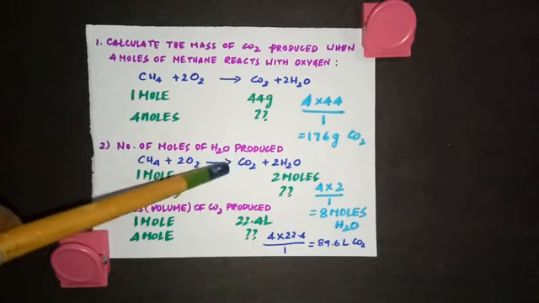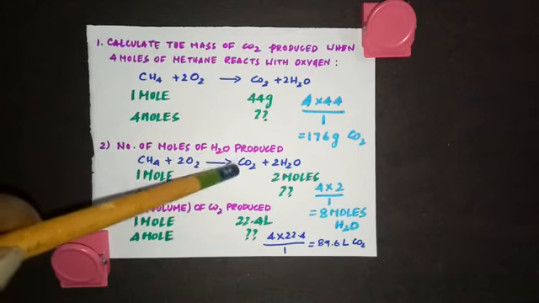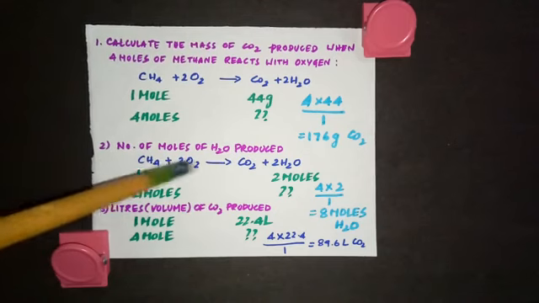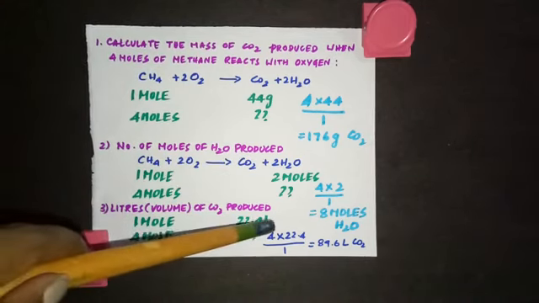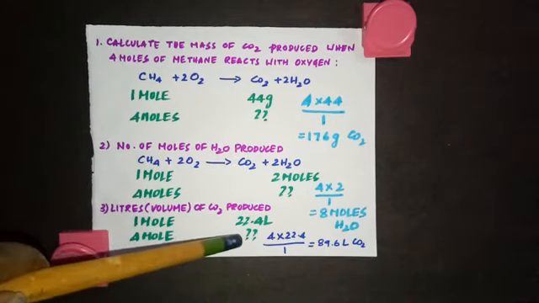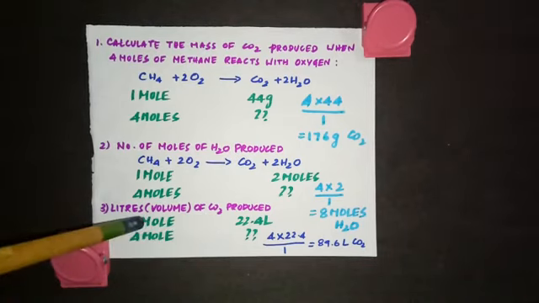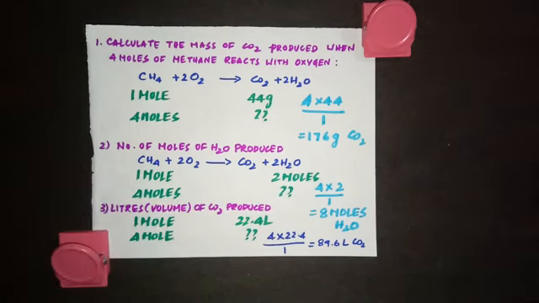If in case 2 was there, you should say 2 into 22.4 liters. Here it is just 1 mole. So 4 moles of methane will produce how many liters of carbon dioxide? Again 4 into 22.4 divided by 1. So that gives me 89.6 liters of carbon dioxide. So remember, the given data in the chemical equation can be interconverted.